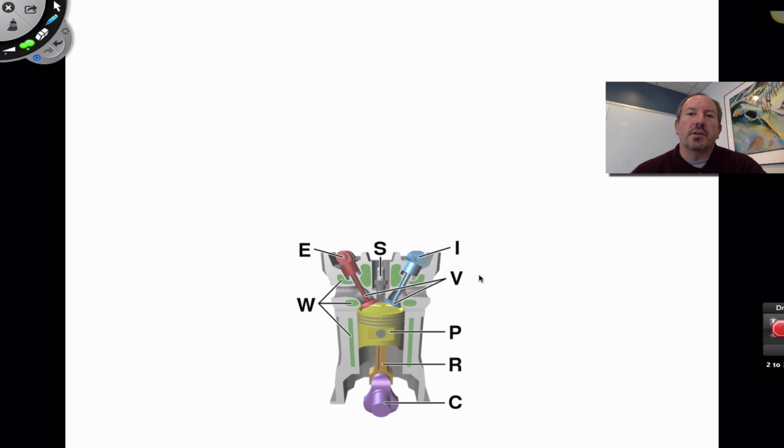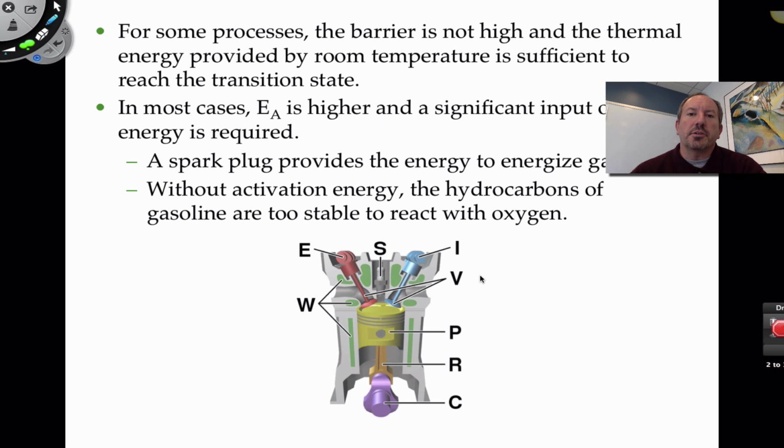That's important. And just to make sure that we're all good with the activation energy, let me make an analogy to a car. In order to get gasoline to ignite with oxygen, you need a spark plug, and there are spark plugs in a car. That provides the activation energy to release the energy in the hydrocarbon gasoline.